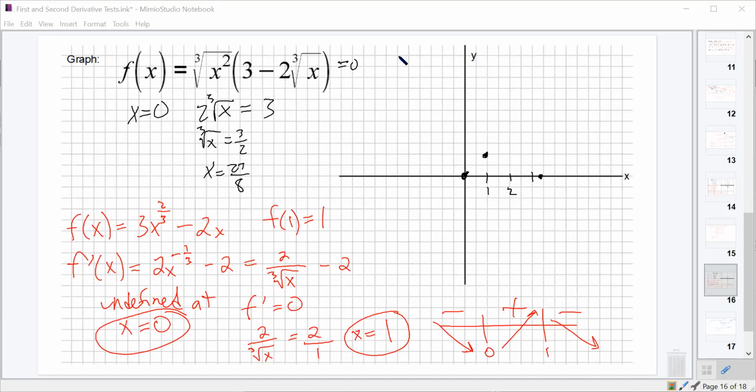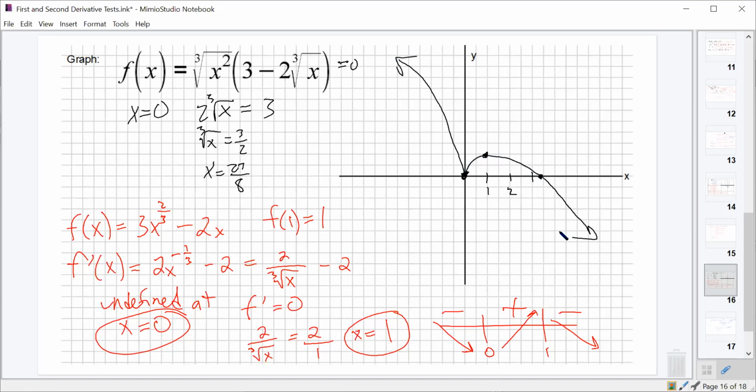So here is this piece that's concave down. And then it starts increasing again from 0 to 1, and then starts decreasing again at 1, but it has to be concave down. So it's going to look something like that.